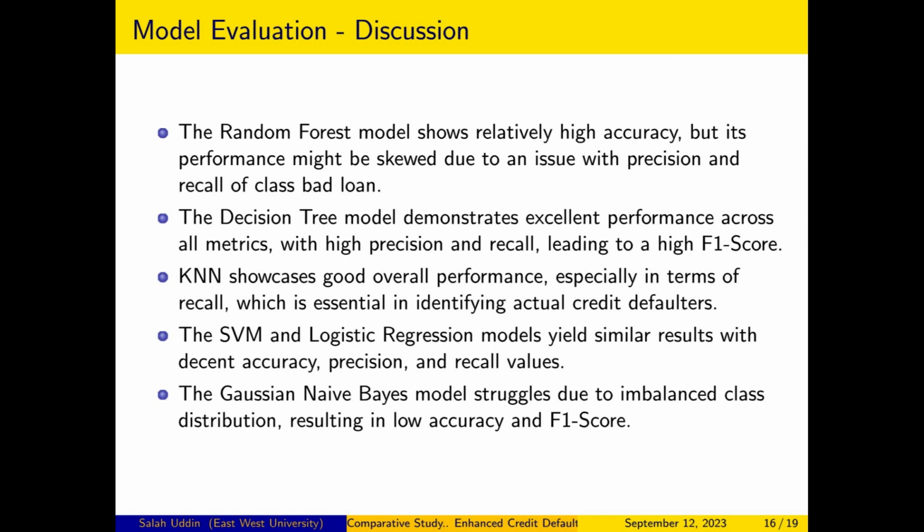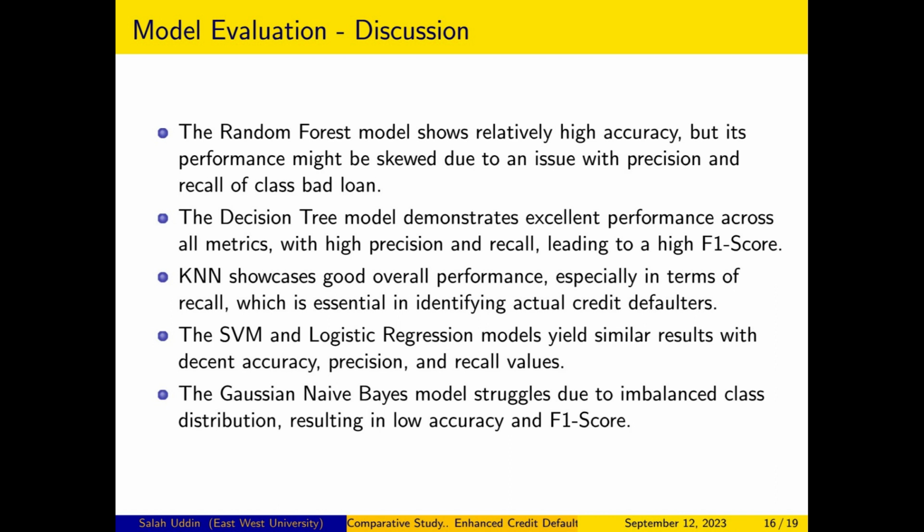Based on the results, we say that the random forest model shows relatively high accuracy, but its performance might be skewed due to an issue with precision and recall of class bad loan. The decision tree model demonstrates excellent performance across all metrics, with high precision and recall, leading to a high F1 score.